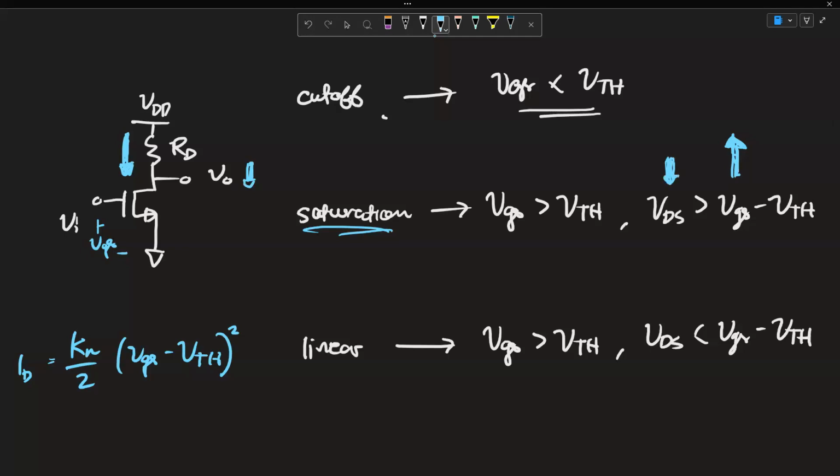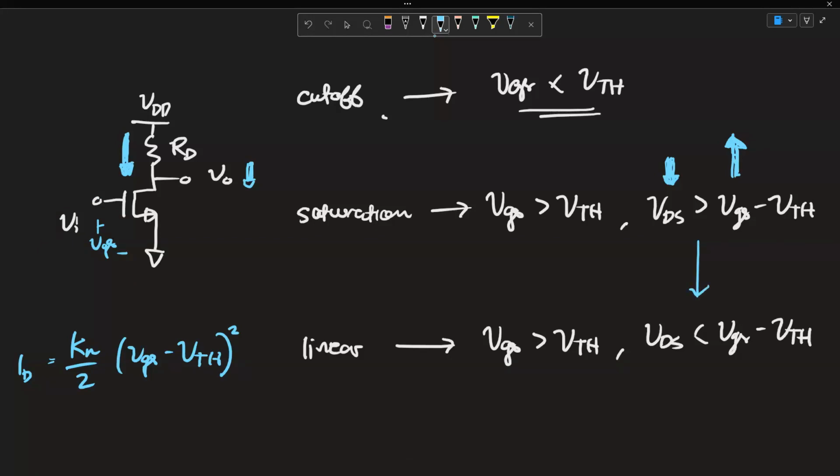But the condition for saturation is that VDS has to be greater than VGS minus VTH. So the more you increase the input voltage in this circuit, the more you get out of saturation. The more in danger of turning linear you are.